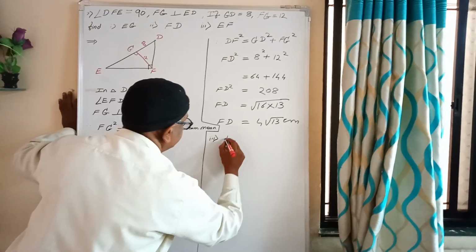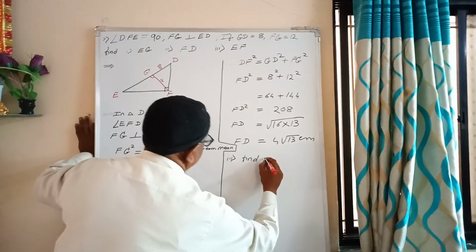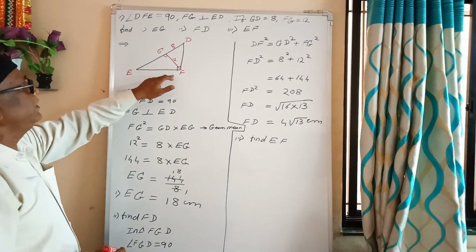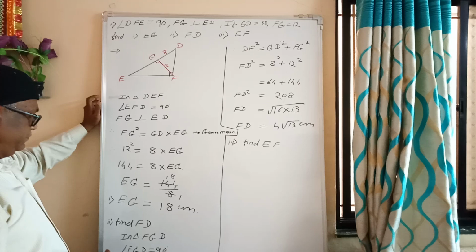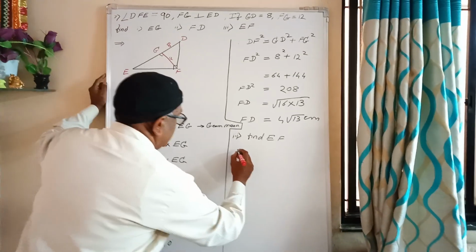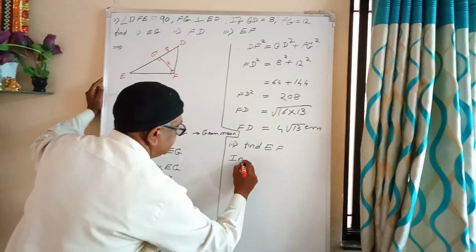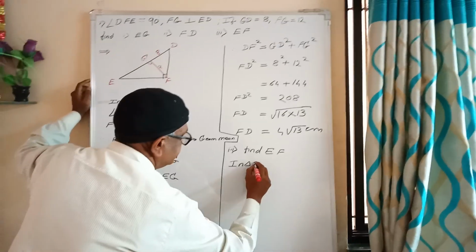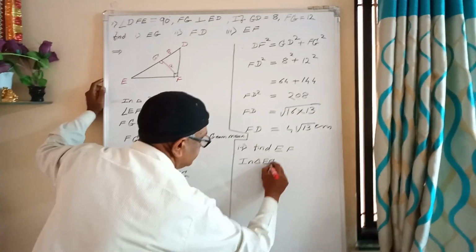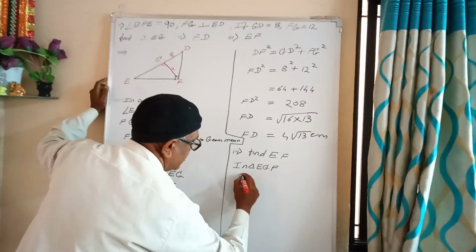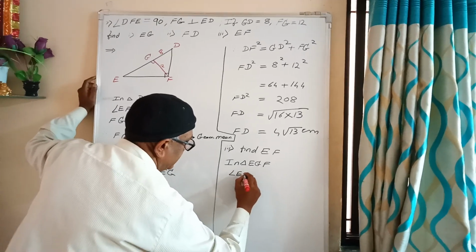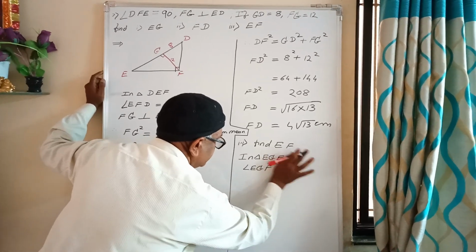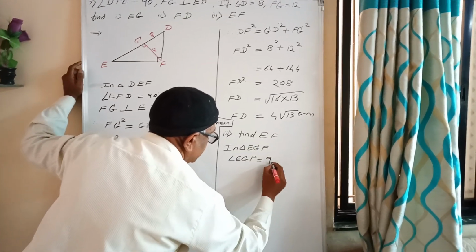Now third example. Find EF. Now in triangle EGF, angle EGF is equal to 90 degree.